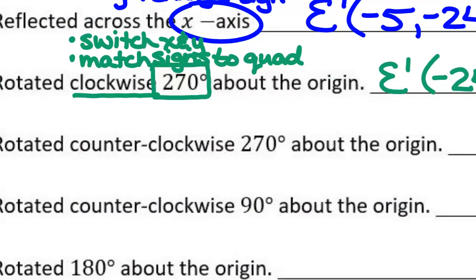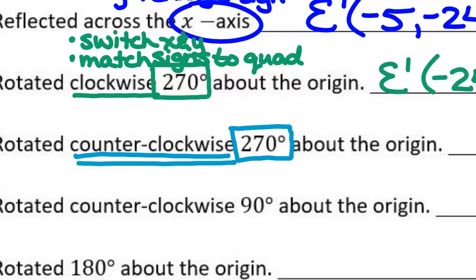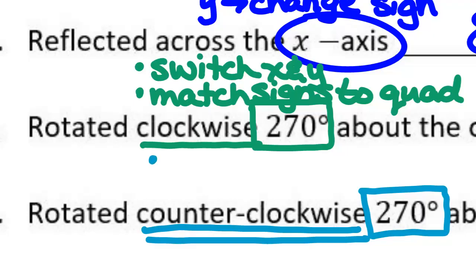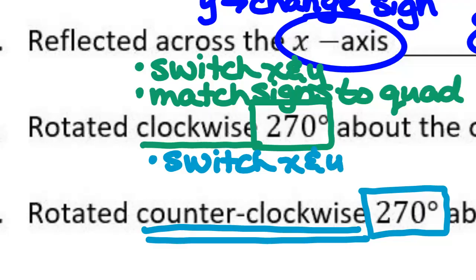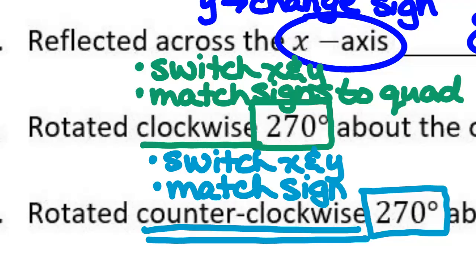If I rotate counterclockwise 270 degrees about the origin, again 270 degrees means I'm going to switch x and y, and I'm going to match my signs to the quadrant.